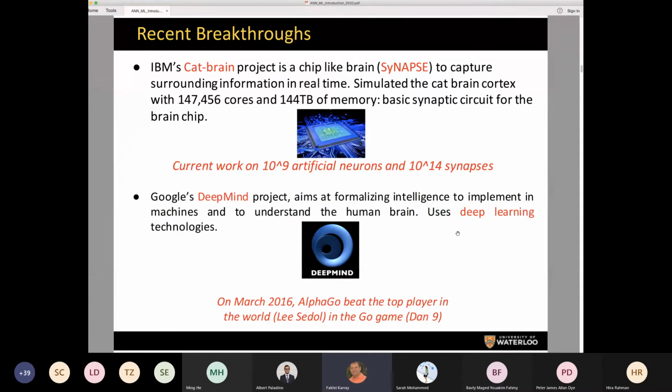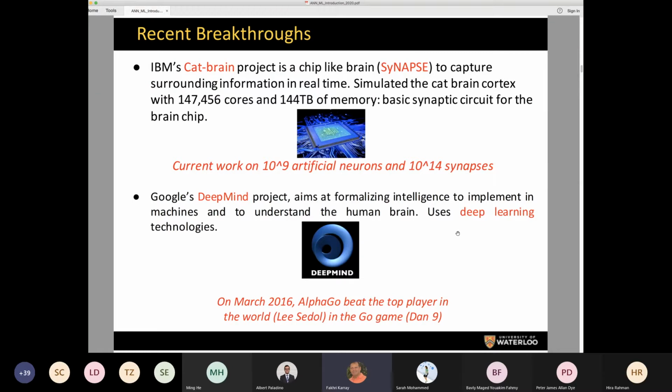The number of 10 to the power 9 artificial neurons was exceeded 1.5 to 2 years ago, and now they are talking about achieving 1 trillion artificial neurons within this system, and almost 10 to the power 18 synapses. This is extremely huge, and this is an experiment that is still going on with IBM researchers. They would like to mimic the behavior of the human memory on a very, very small scale.